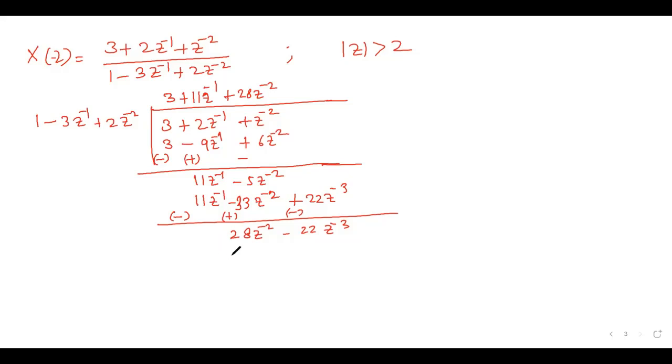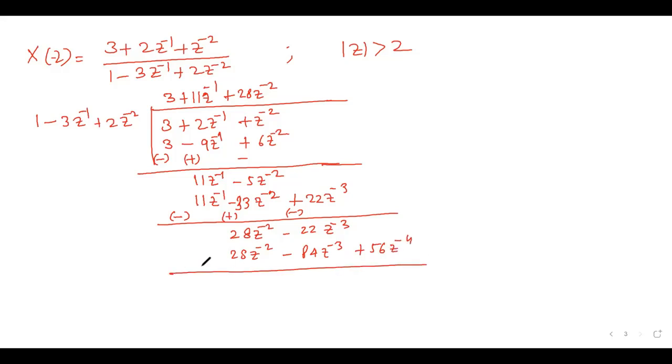So it will be plus 28 z to the power minus 2, 28 into 3 তাই তো, মাইনাস হবে, 28 into 3 কত হচ্ছে, 84 minus 84 z to the power minus 3, then 28 into 2 is 56, and 56 z to the power minus 4.